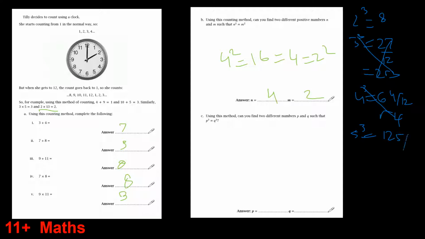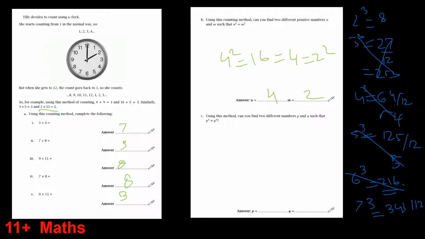125 divided by 12: 12 times 10 is 120, so the remainder is 5. No. Then 6 cubed is 216, which can be divided by 12 exactly, and so this doesn't work. 7 cubed equals 343.